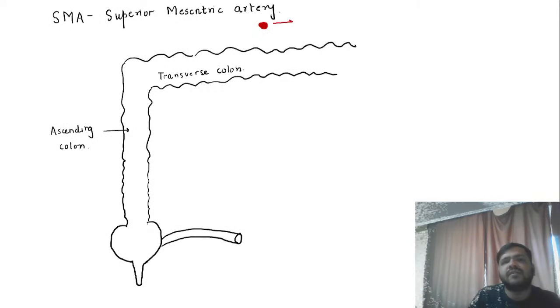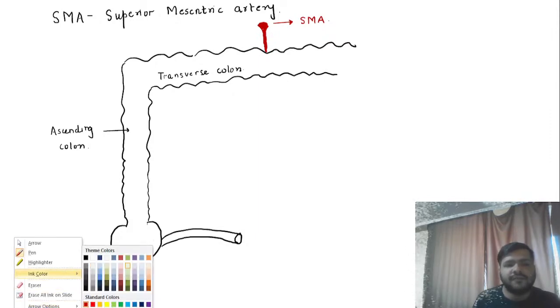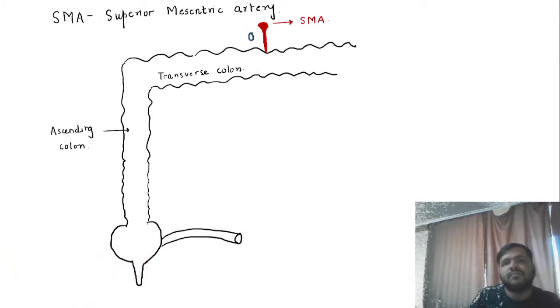The artery which I have drawn right now with the dotted line is the SMA, the superior mesenteric artery. It goes first in front of the duodenum. I'm drawing it darker, and especially it will go in front of the third part of the duodenum.